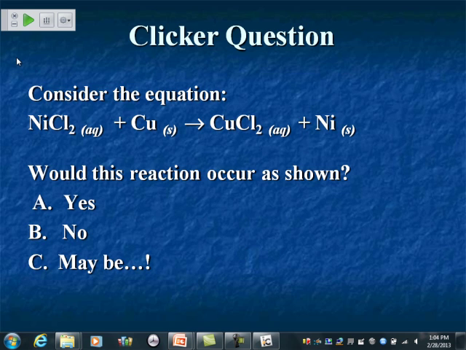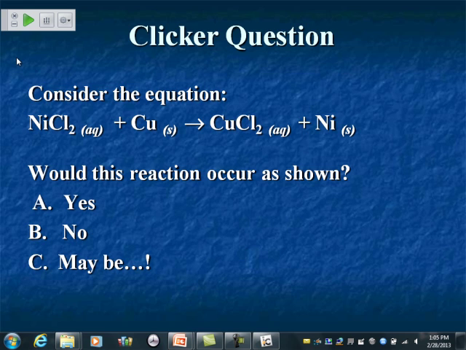Nickel chloride is my solution and I have pure copper metal. So if I put a piece of copper into nickel chloride solution, would something happen or not? Or would copper displace nickel from solution or not? No, it will not. A free metal displacing another metal from solution, that is what I kept saying.